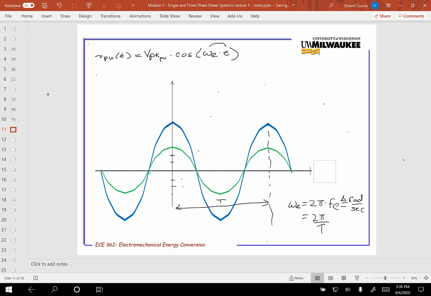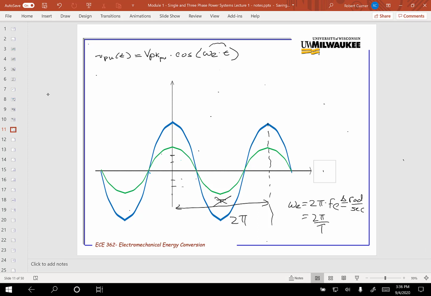When you put 2 pi in there, it's the same as saying cosine of 0, it's going to be 1. So instead, let's just use a period of 2 pi. That's going to make our math easier for sure.